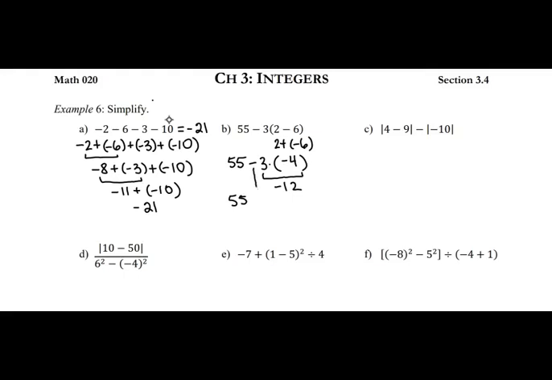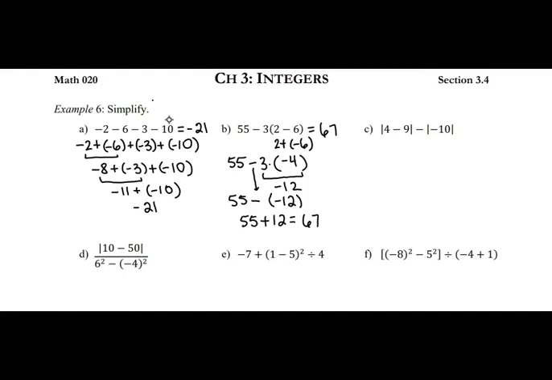I'm going to bring the subtraction sign from above, minus, and then the answer from 3 times -4, which is -12. All right. Now I see that I have two negative signs. They cancel each other. Negative times negative gives me a positive. So what I have is 55 plus 12, and I have 67. So the answer to part B is 67.